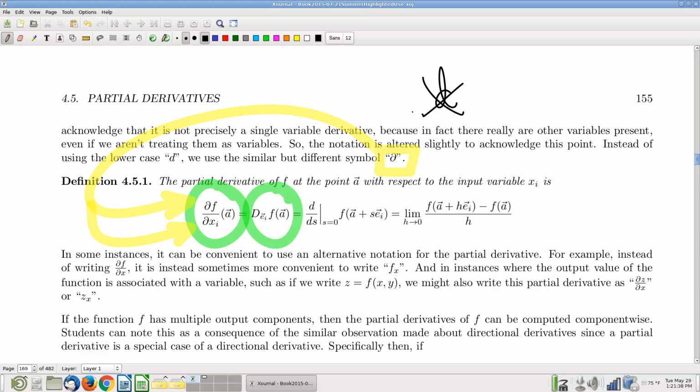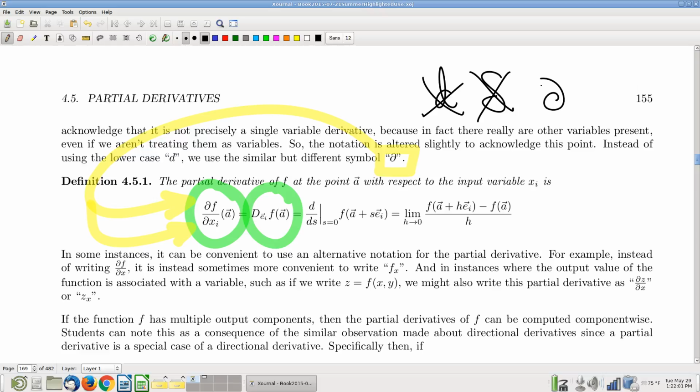It's not D. It's not delta. Notice that the delta kind of flops over to the right. This does not. It's like a backwards 6, you might say. Anyway, it's the partial symbol.